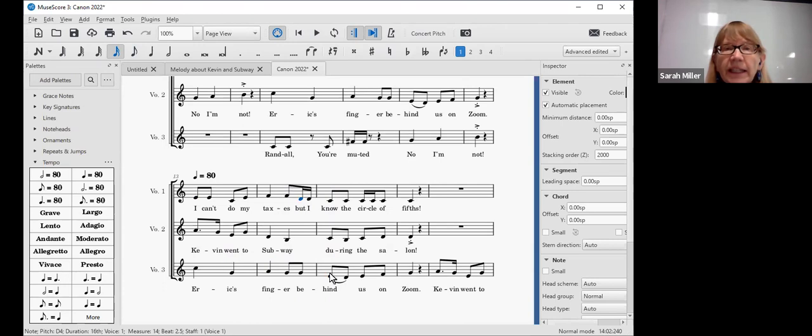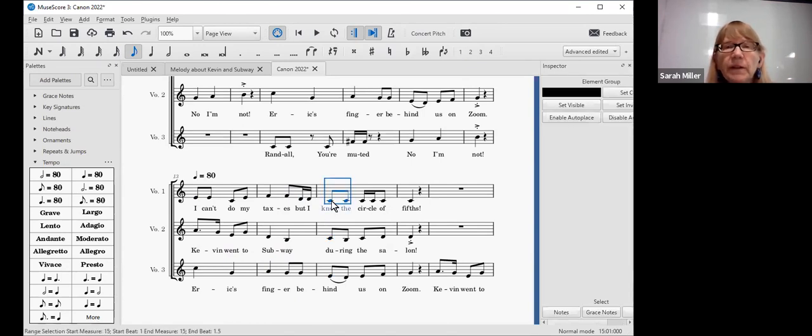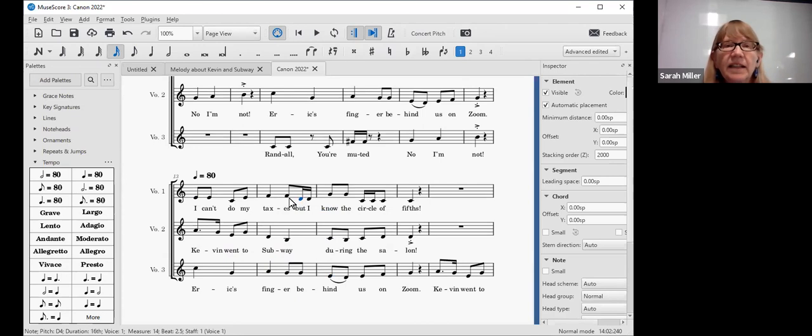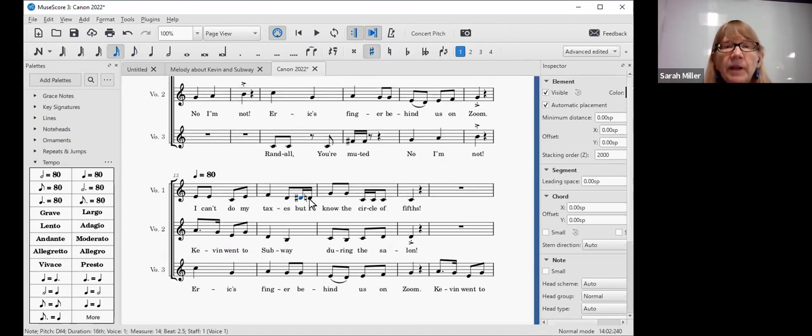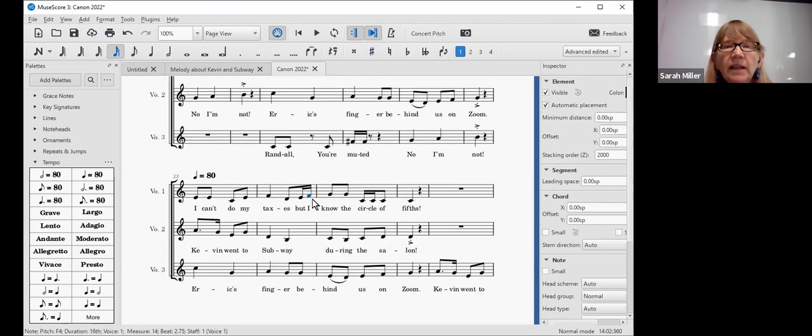Okay, and then we have E and C, and what note are we missing from our chord? G. Which is the protagonist, yes? That'd be fun to sing.